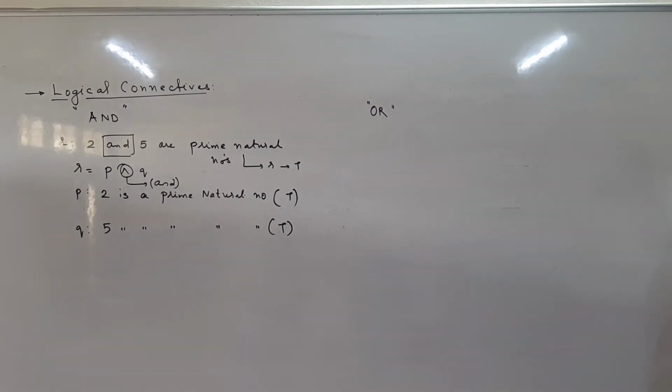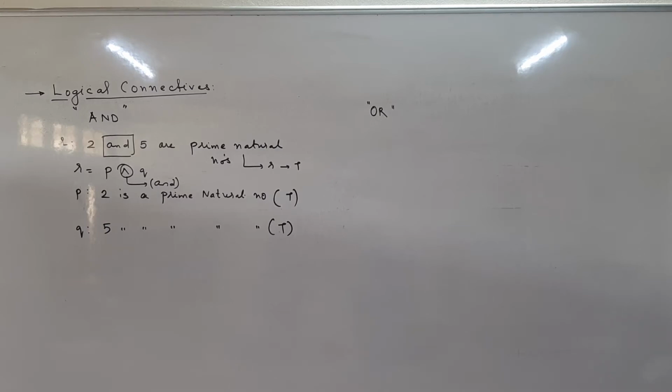If I join two simple statements by the logical connective "and" and that compound statement is denoted by R, then R is written as, students, P and Q.